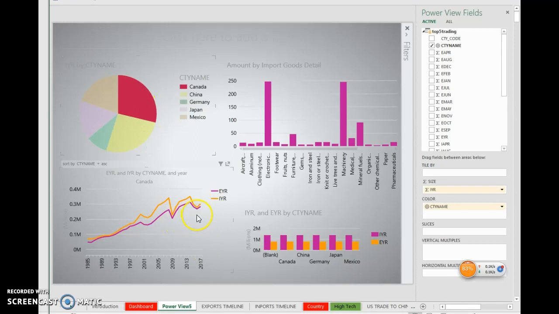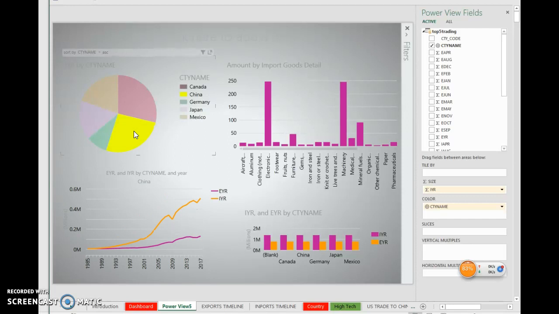The imports and exports increase similarly, and these are the products that U.S. imports from. This is China. As we can see, the gap is huge. This is Germany. This is Japan.